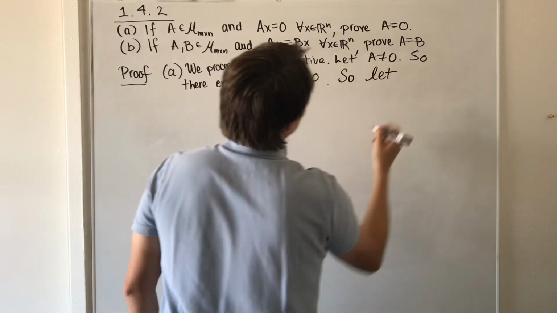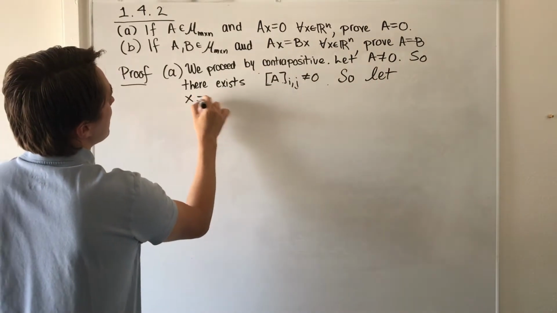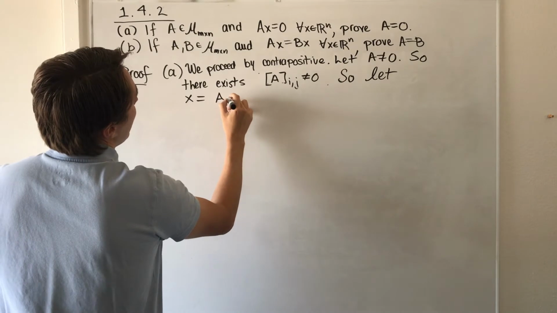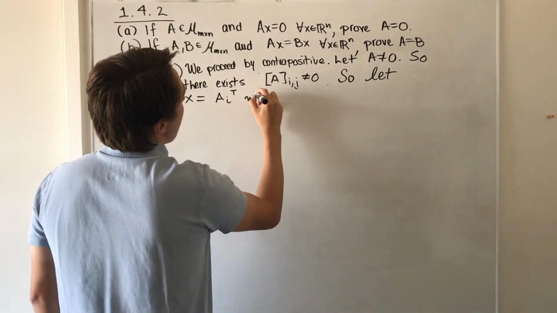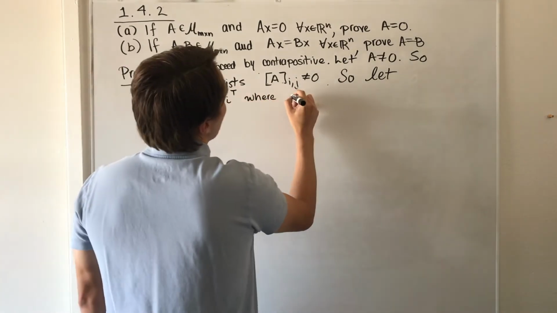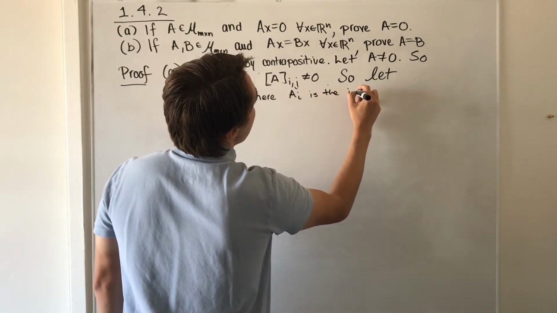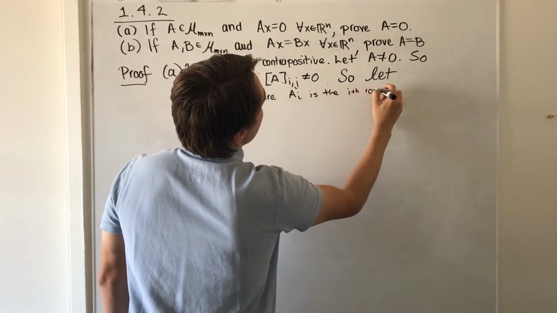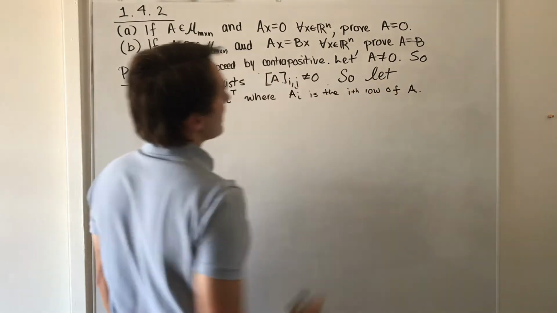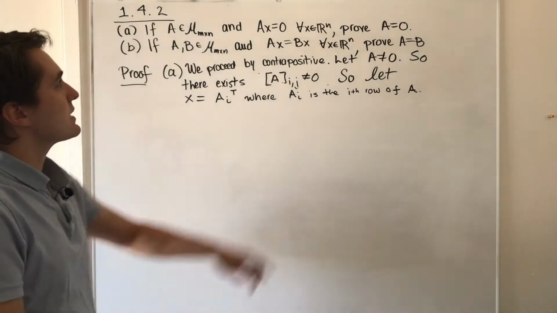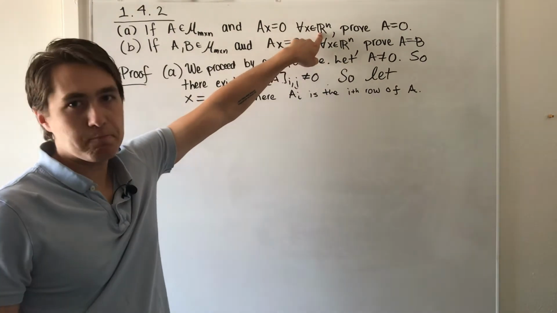we're going to let x here equal A_i transpose, where A_i is the ith row of A. So basically, remember, x here is going to be this vector in Rn.